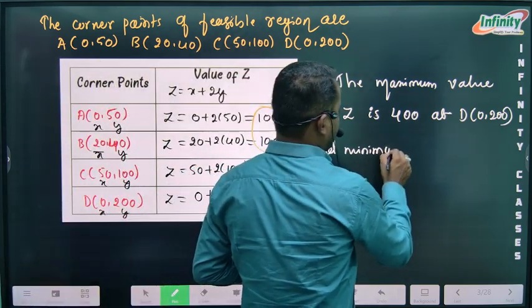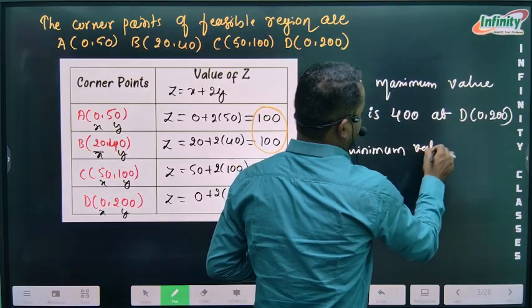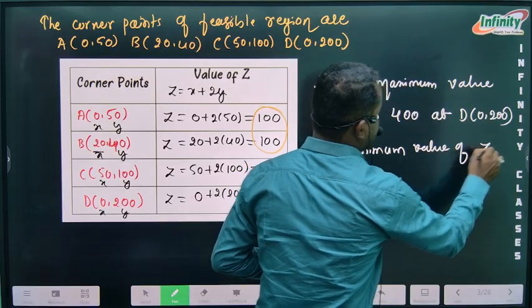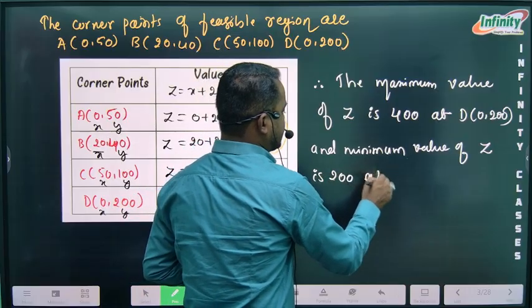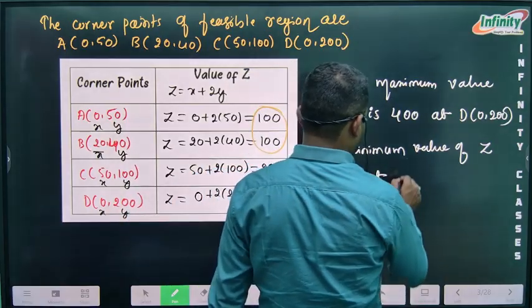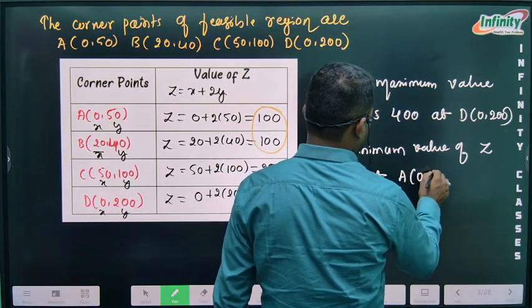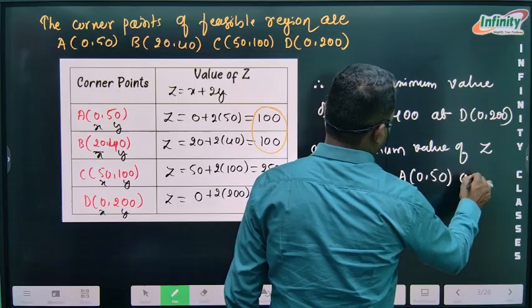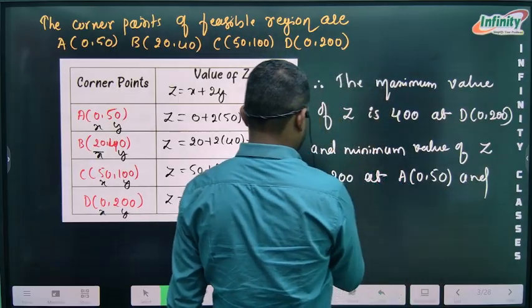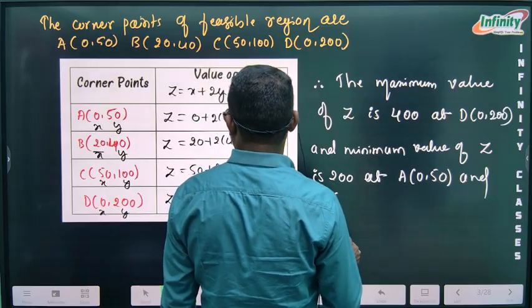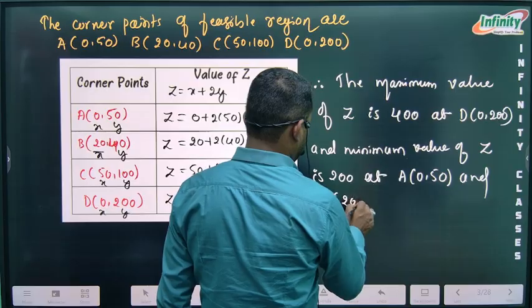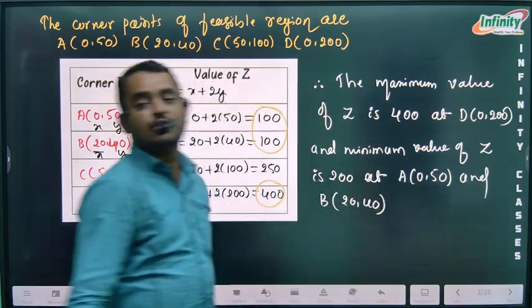The minimum value of Z is 100 at A: 0 comma 50 and B: 20 comma 40.